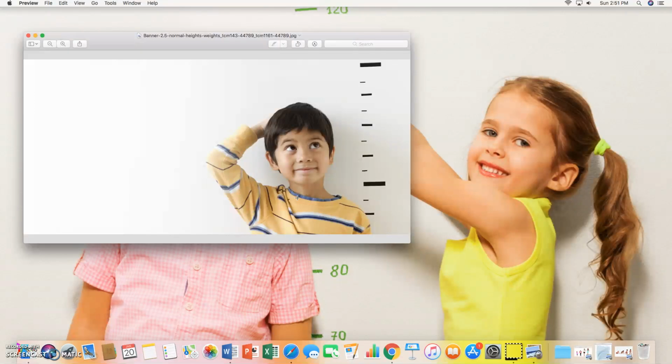That is a concern, because we know that that child had the potential to be a certain height and weight and is falling off of that curve. Okay, so remember, it's okay for a child to be short, or not be super heavy, when they're on their own growth curve.